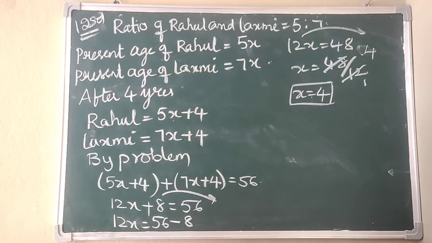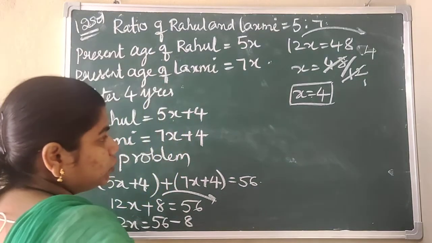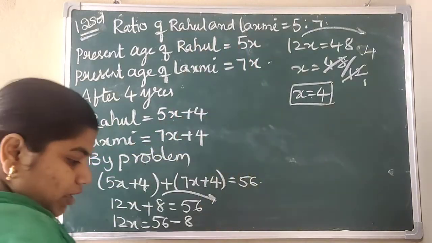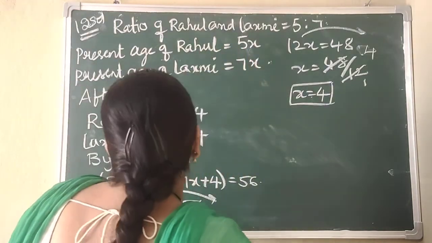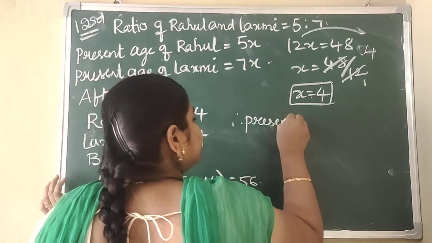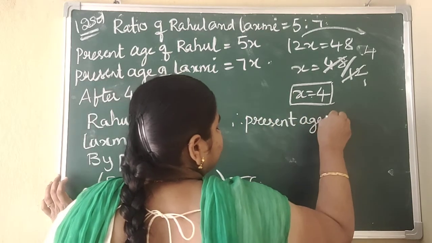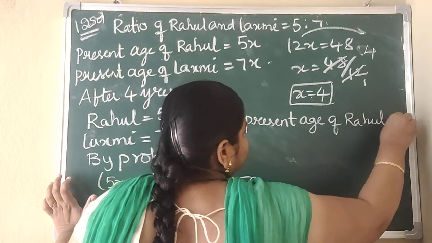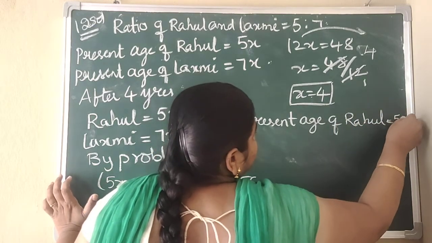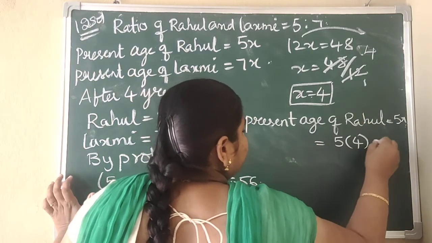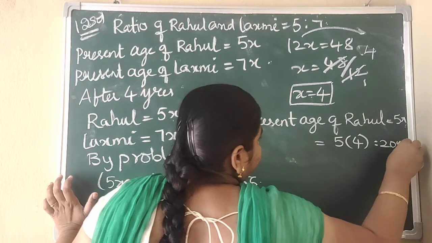Now we have to find the present ages. Present ages are 5x and 7x. So the present age of Rahul is 5x. 5 is a constant value and the x value is 4, so that is equal to 20 years.